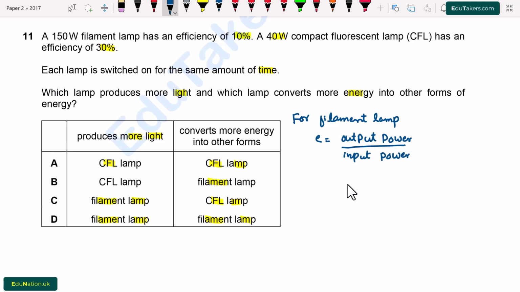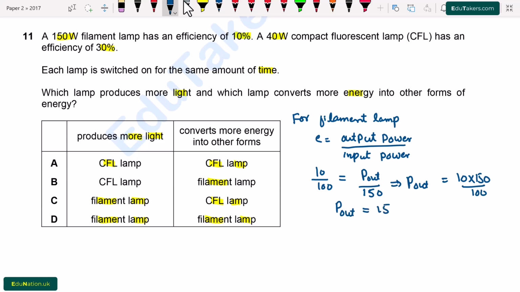Here efficiency is 10%. So I write here 10 divided by 100. This will be equal to output power divided by input power, which is given, that is 150 watt. So I write here 150. So power output will be equal to 10 multiplied by 150 divided by 100. This will be equal to 15 watt.